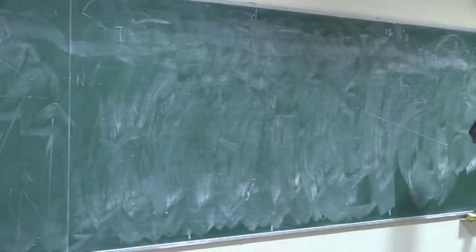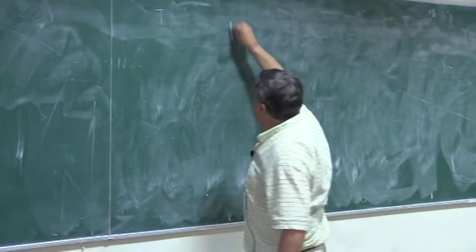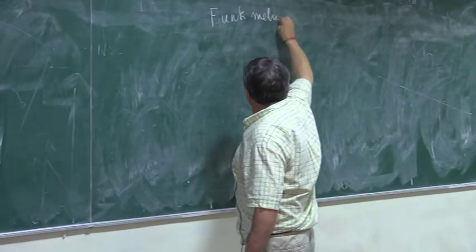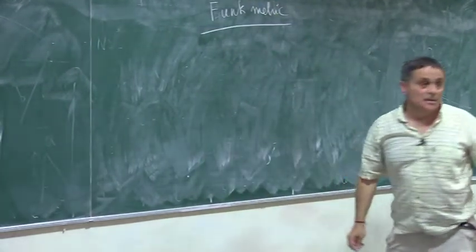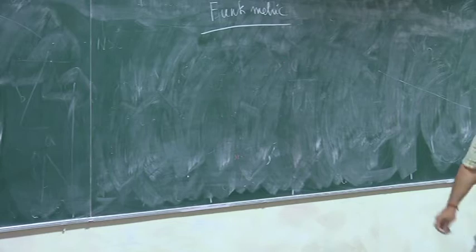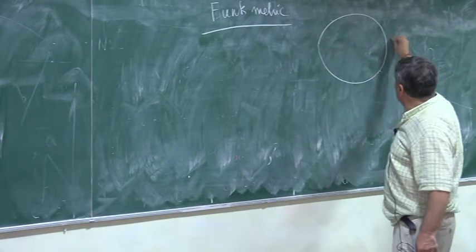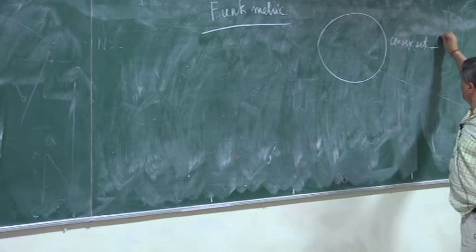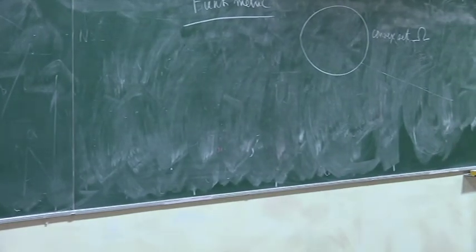So I start with the first one. This is the Funk metric. So the Funk metric, as you remember, it was associated to a convex set omega in Euclidean space or in the plane.